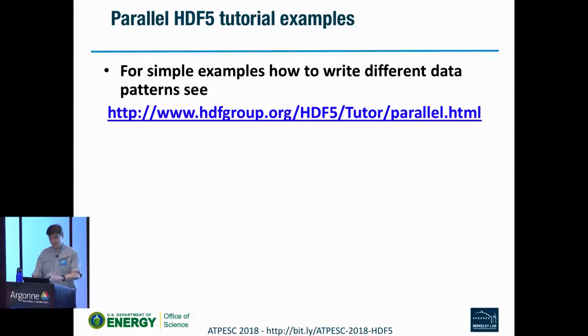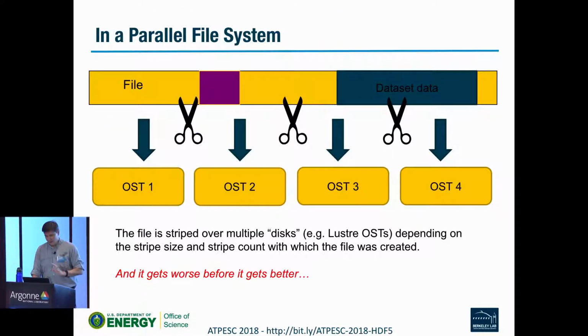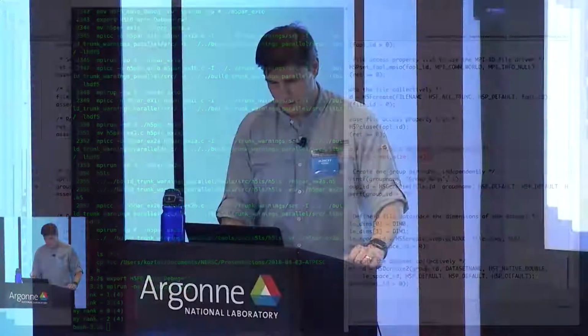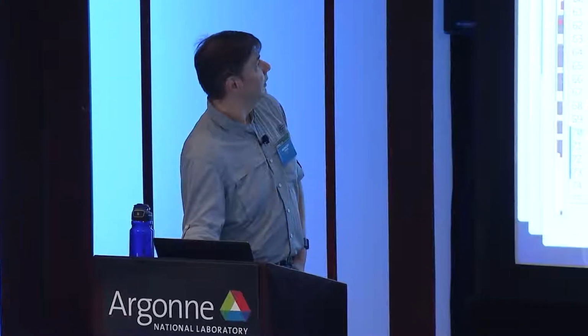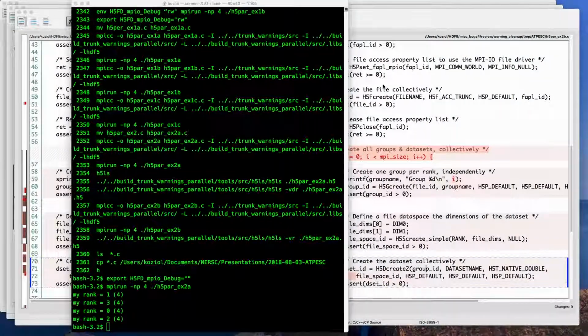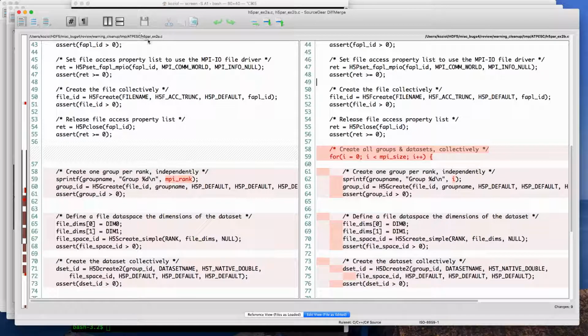There are a lot of other tutorial examples on the web. What I'm going to do is jump out and at least show you what happens when you don't write your data out collectively or you don't modify the file collectively. This is probably a little hard to see, but in that Dropbox directory, this is h5par ex2a and 2b. There are only 5 of them, and 2a and 2b are what we're dealing with.